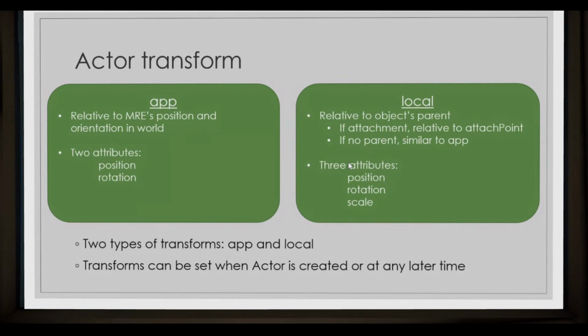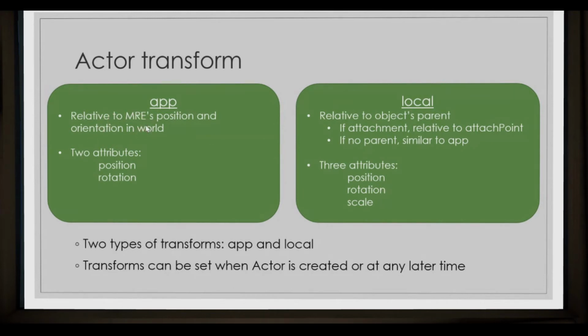For those of you who have used that helmet MRE, you click on something like a hat that goes on your head, and then you have some things that make it go up and down. That's what it's doing. It's adjusting the position of the local transform whenever you click up, down, whatever. And you see it also has a rotation and a scale.